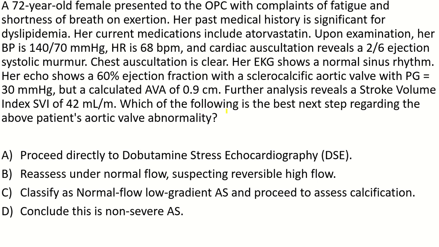However, her stroke volume index is 42, which is higher than 35. Therefore, we conclude that this patient does not have severe aortic stenosis, and her fatigue and shortness of breath may be related to another cause.